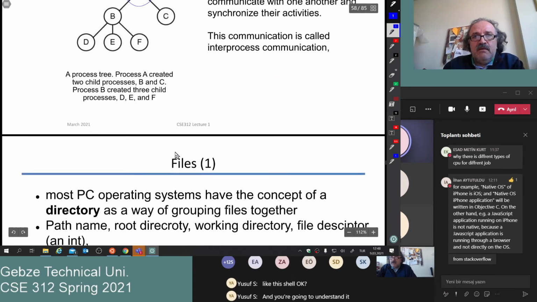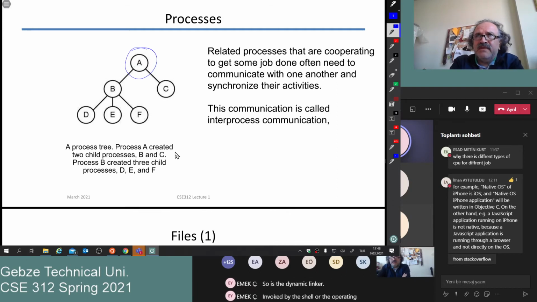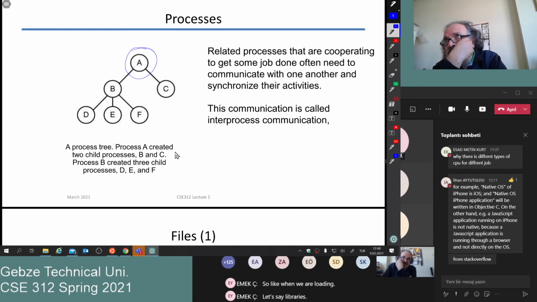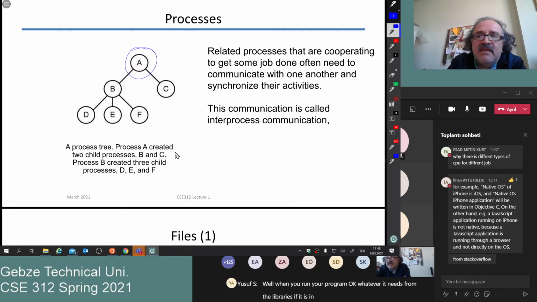Is the dynamic linker invoked by the shell or the operating system? What is the dynamic linker? When we are loading, let's say, libraries. Oh, you mean DLLs? Yes. Well, when you run your program, whatever it needs from the libraries, if it is in the memory, then it is used.